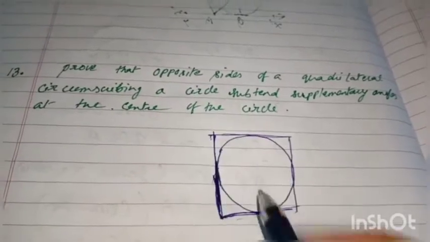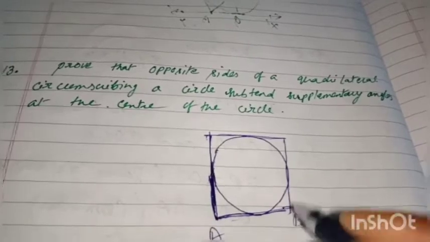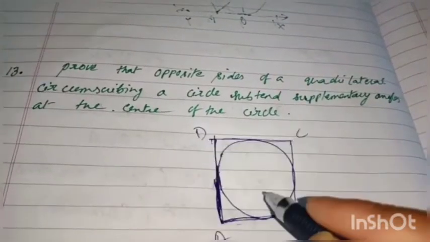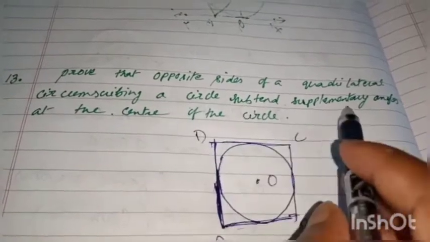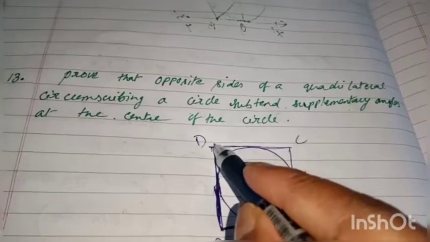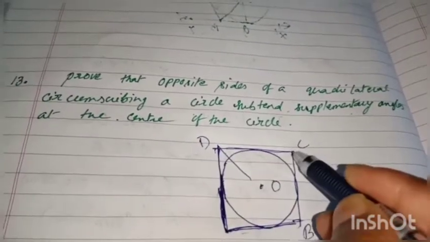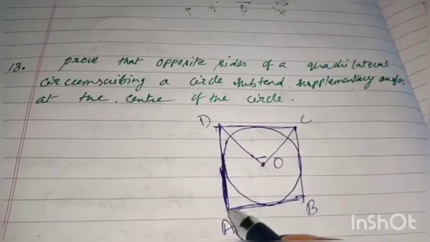Prove that. Now see, suppose ABCD is a quadrilateral drawn circumscribing a circle of center O. We need to prove that the circle subtends supplementary angles at the center. Opposite sides of a quadrilateral means this side. See, subtend means what? From this CD subtends this angle, and the opposite side is what?